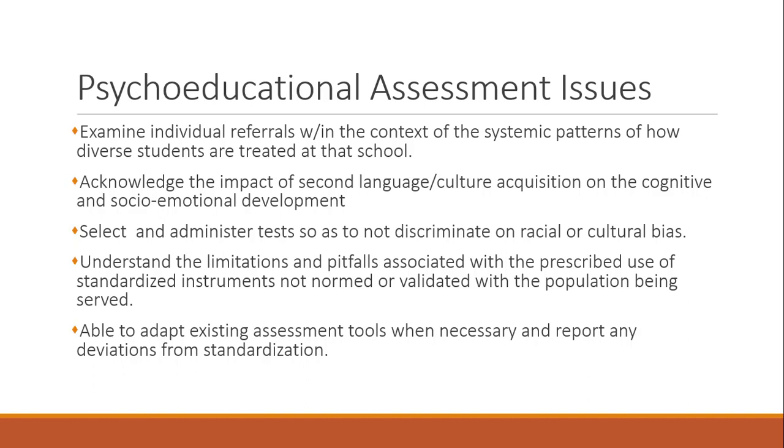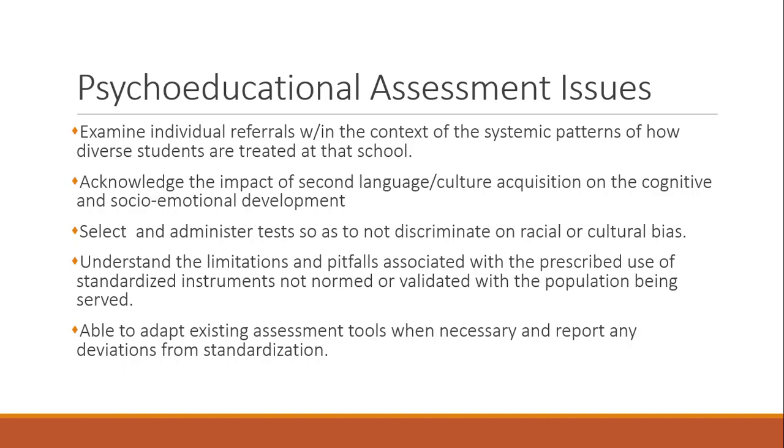So, for example, if the child is being referred because they don't speak, we know that a common issue with new immigrants or new kids to a new place is a silent period. You need to understand what this is and that this is a normal developmental process and not a pathological one. You want to give the right tests.